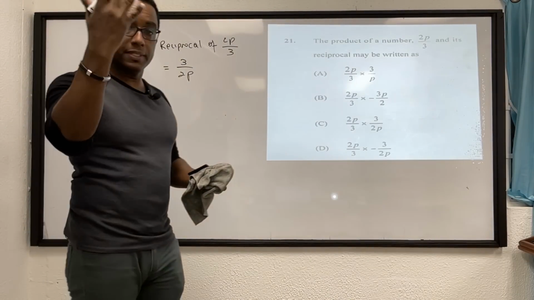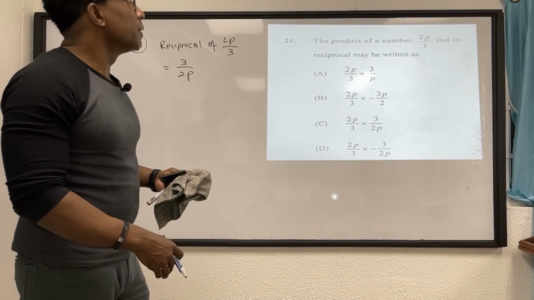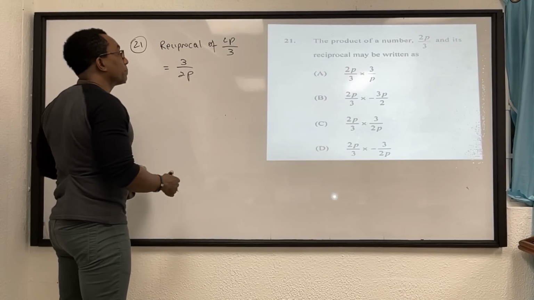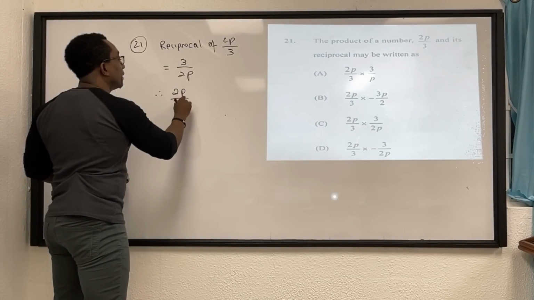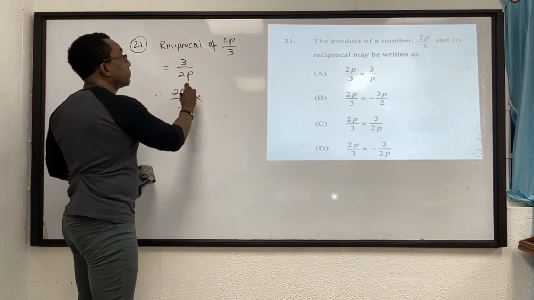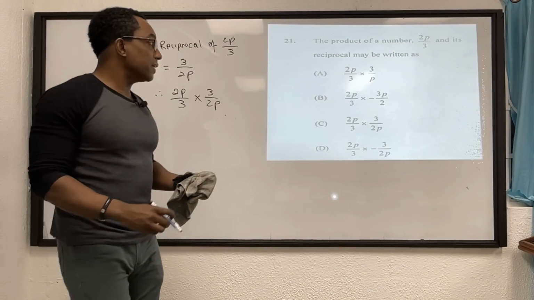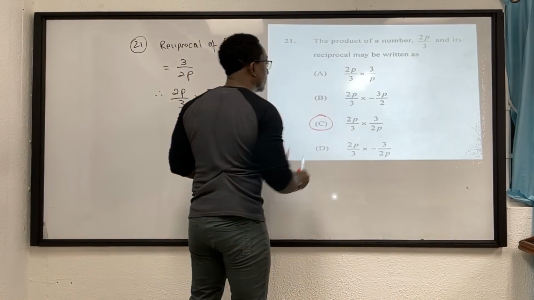So we simply invert it. They want us to express the product of the number 2p over 3 and its reciprocal, which is what we have here, 3 over 2p, and when we look, the answer there is C.